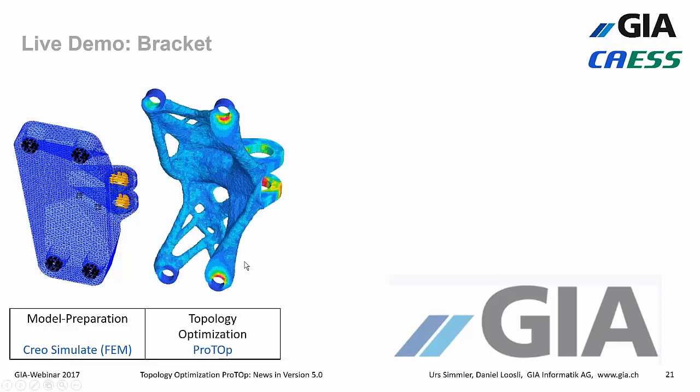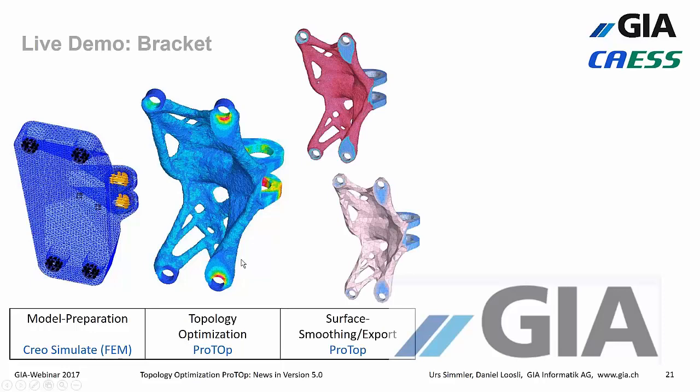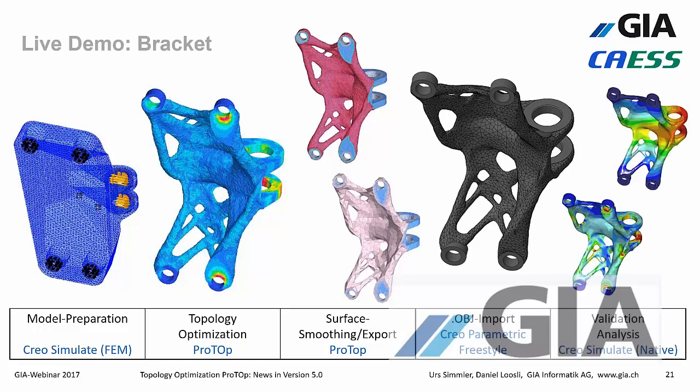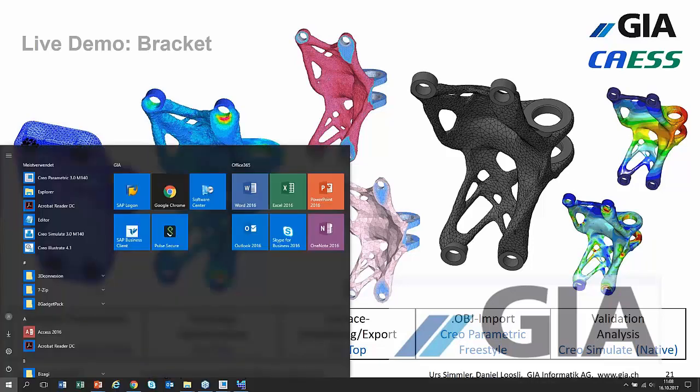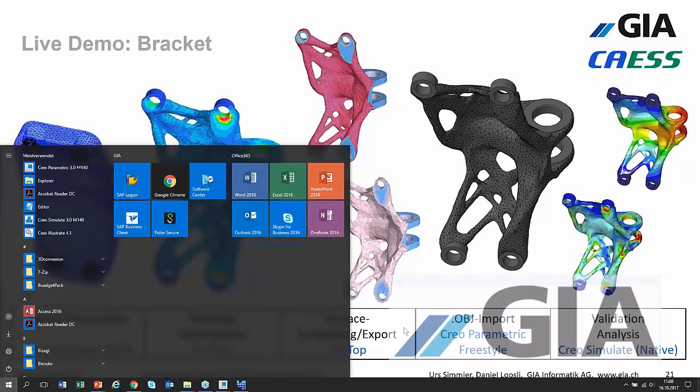It was about topology optimization, and here we will take that component for live topology optimization, and at the end of the day we want to bring this optimized shape back to Creo Parametric, and we're doing again a validation analysis in Creo Simulate.